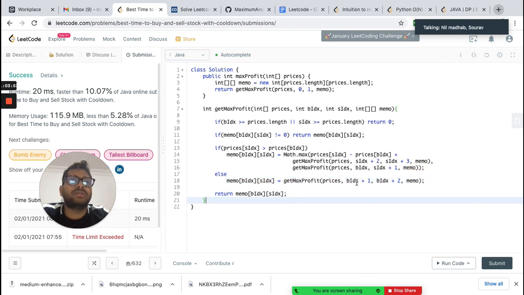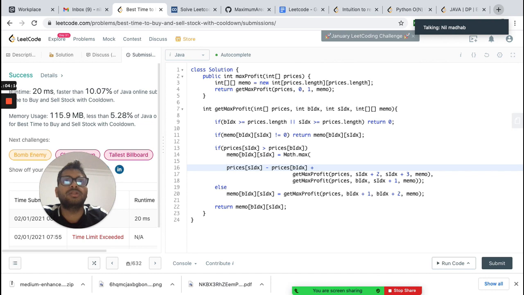We just go to the next index, because buying is not possible. So we just try to buy from the next index and sell from the next to next index. Or we can buy it. We can sell it. So if we can sell it, we have two options: either sell now or sell the next time, that we did before.